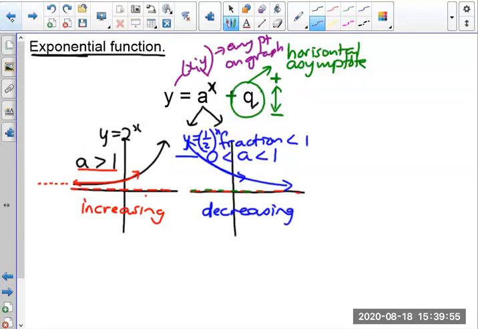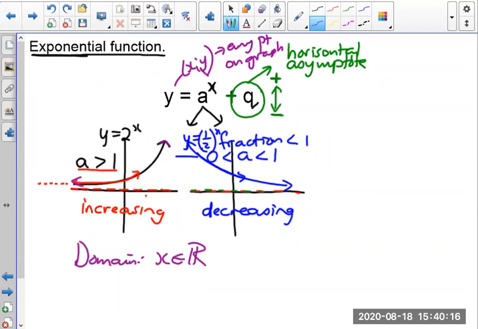Okay. Now, can you see that for both of them, the domain, the graph comes from negative infinity and goes to positive infinity. So the domain is x element of real numbers.